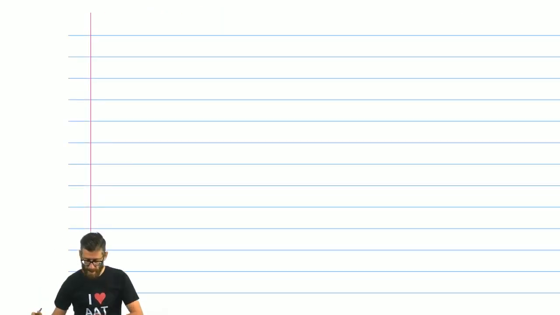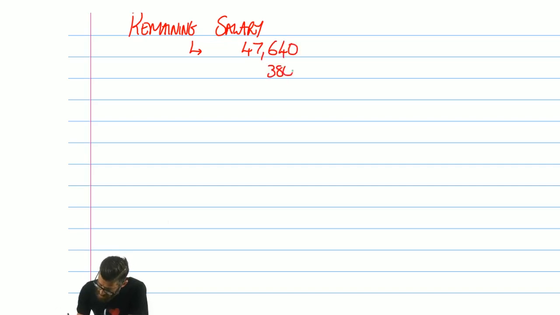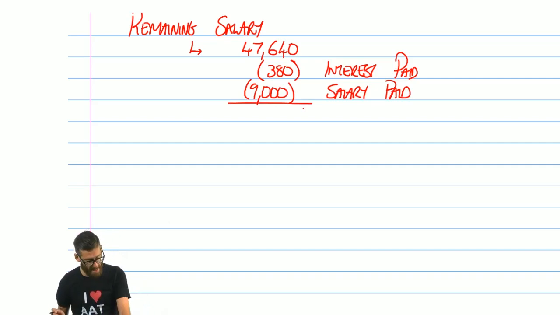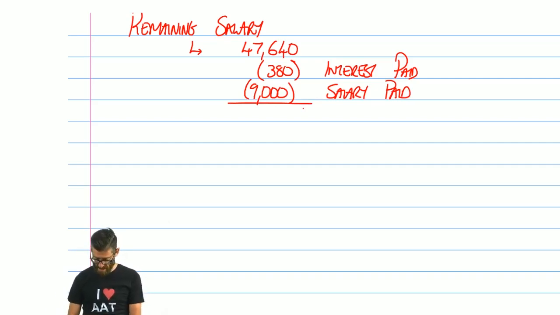So the remaining salary at this stage is calculated, and the remaining salary, well, we had 47,640 and we've got interest of 380 deducted, and we've also got now 9,000 of salary deducted, which means that the remainder to be allocated is 47,640 minus 380 minus 9,000.